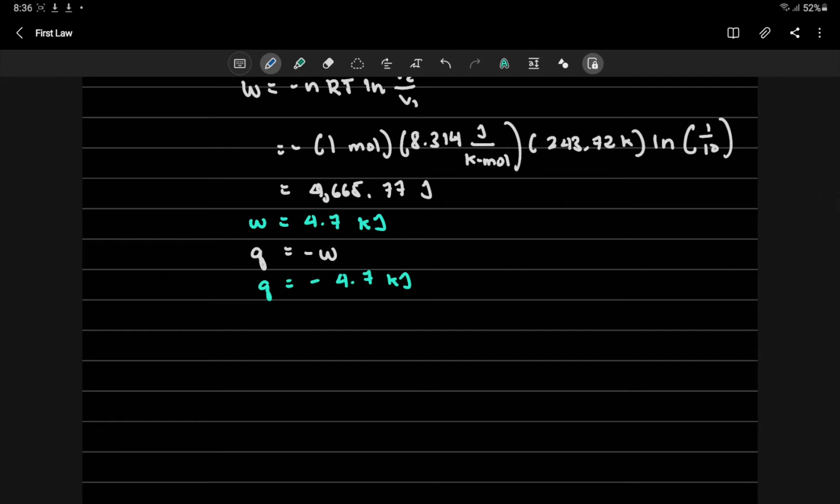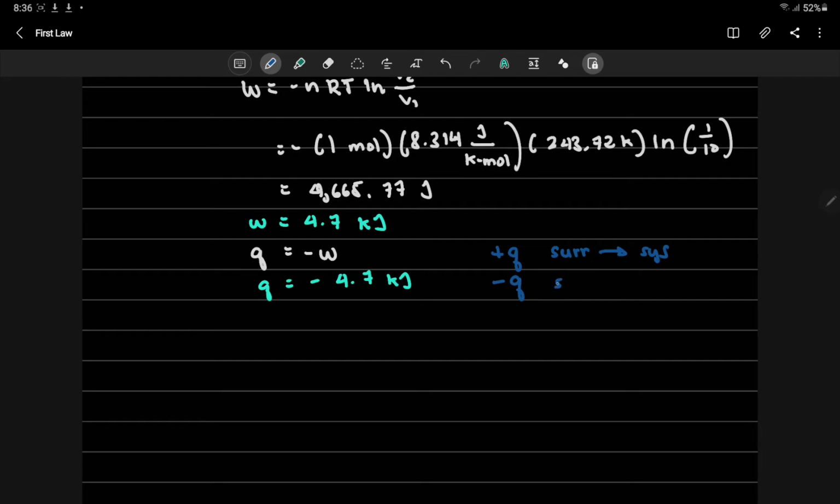Okay. So, pag sinabing positive yung heat, ibig sabihin, surrounding nagbibigay ng heat to the system. Pag minus Q, baliktad.